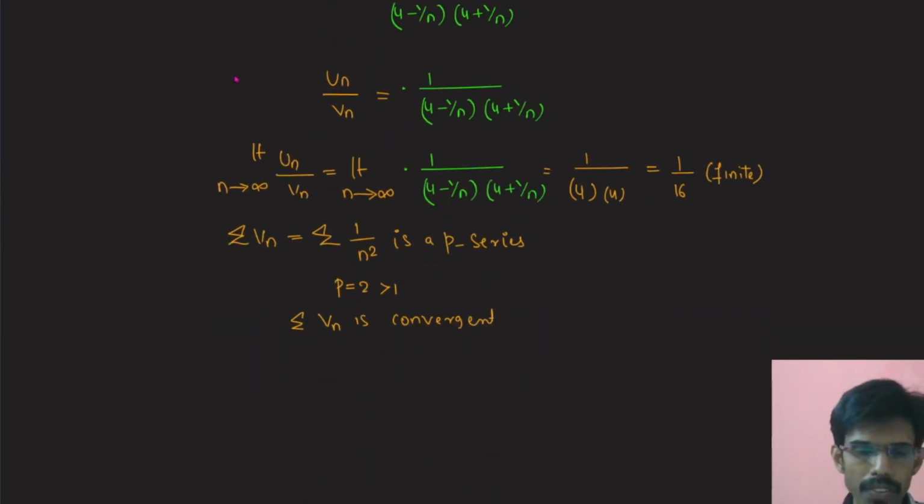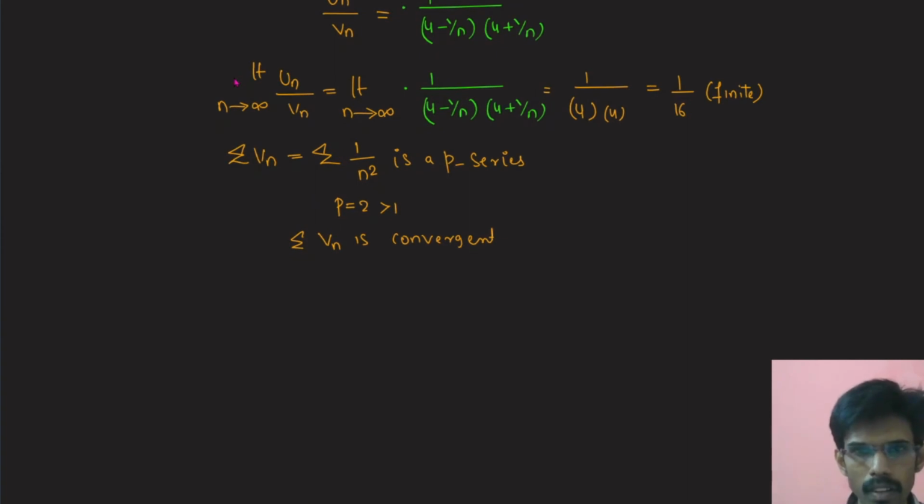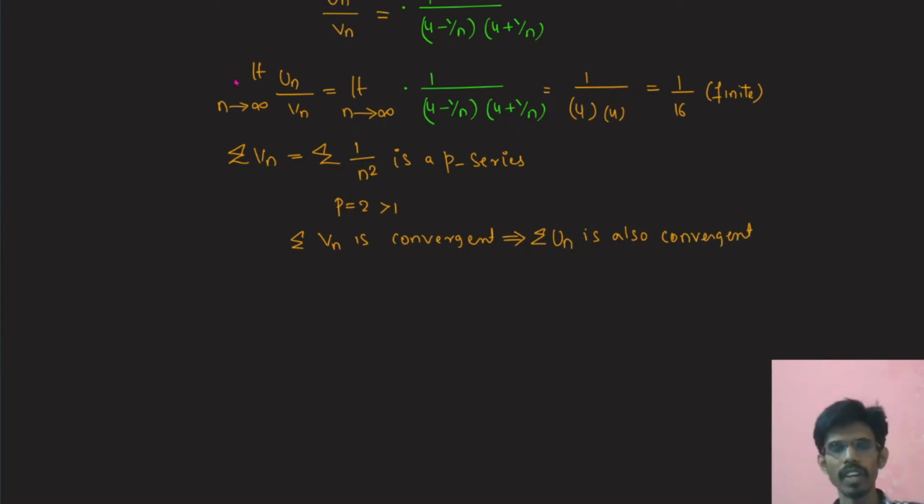That will imply sigma un is also convergent by comparison test. Comparison test says that if one converges, the other automatically converges.